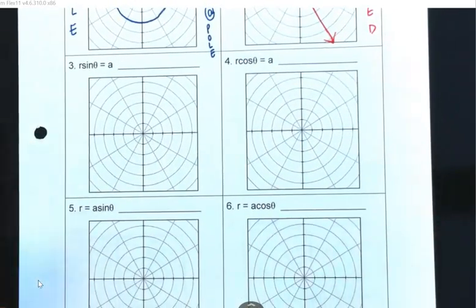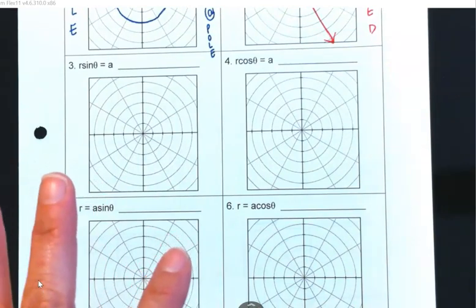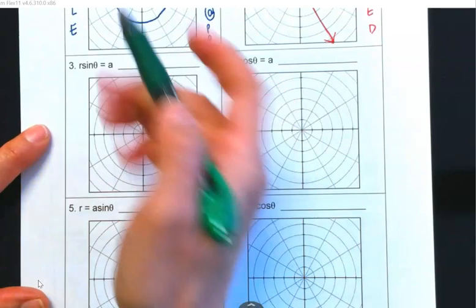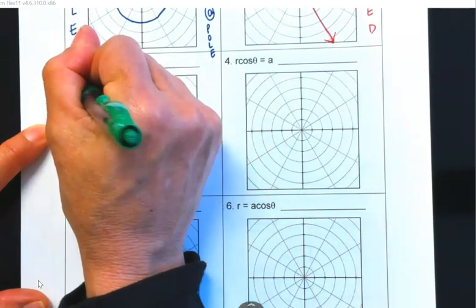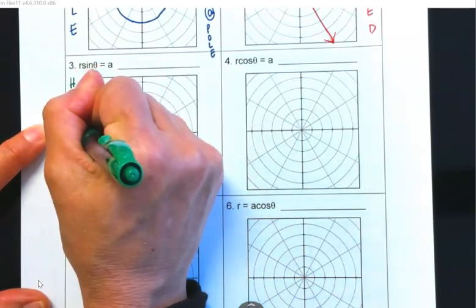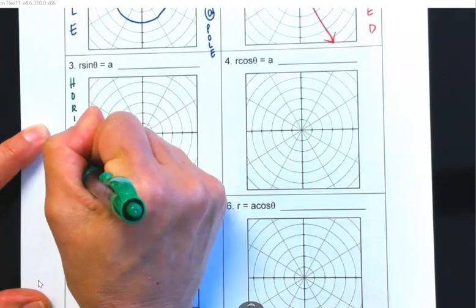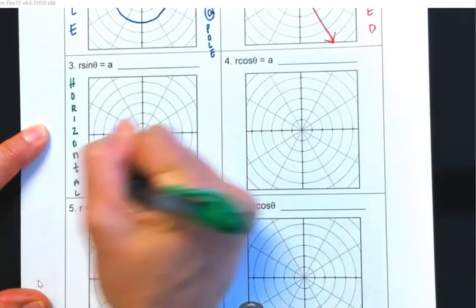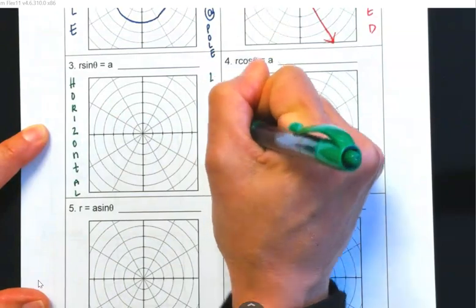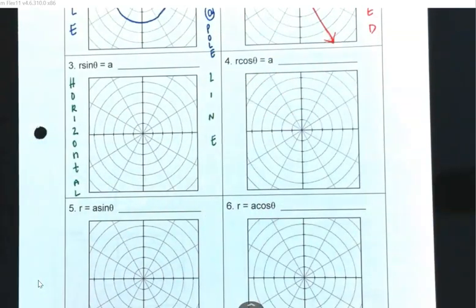So for 3 and 4, 3 and 4 make lines also. Number 3 is going to make a horizontal line. And I know that because we know what our r sine theta is right here.